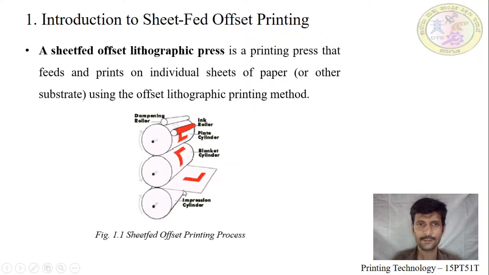Individual sheets pass in between the blanket cylinder and the impression cylinder so that the image gets transferred from the blanket to the substrate. Before that, there is the plate cylinder which holds the plate and the blanket cylinder which holds the blanket.